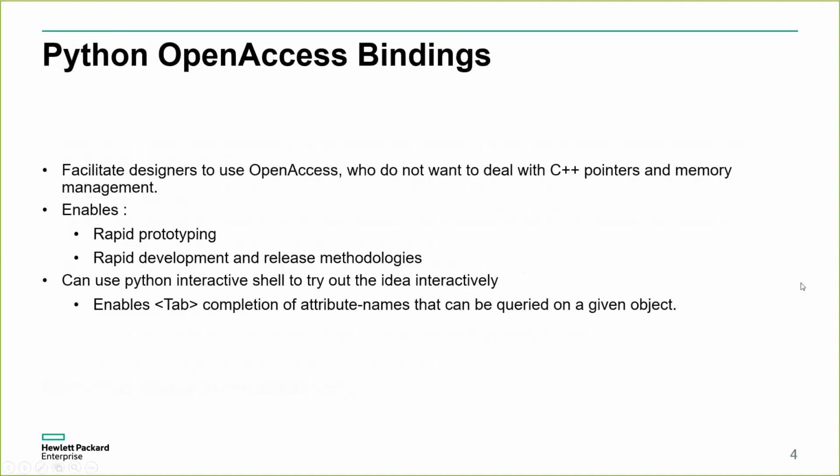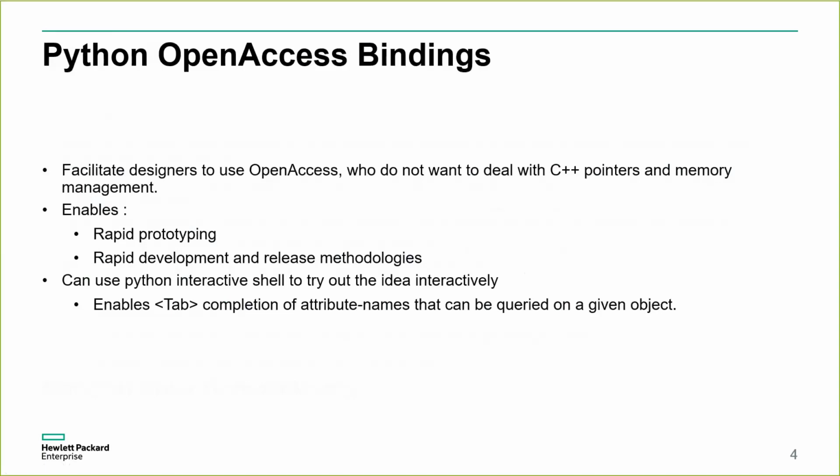So talking about Python bindings, we saw earlier in a couple of presentations, they're using Python bindings for open access. And I want to touch on why we should encourage our teams to go for this. One of the main things is, we have come across designers who have great ideas to do things with the design, but are reluctant to spend time and effort writing C++ code and deal with the pointers, memory management, and all those stuff. This is where Python bindings come to help us.